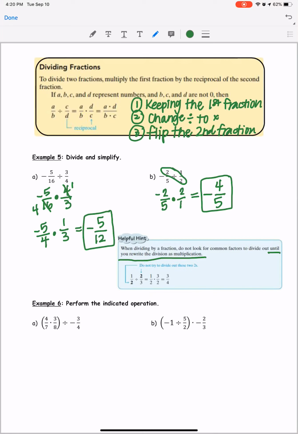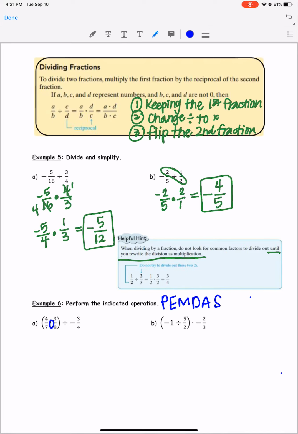All right, number 6, perform the indicated operations. Now we got 2 operations. So we need to use our please excuse my dear Aunt Sally. All of these have to do with multiplication and division.